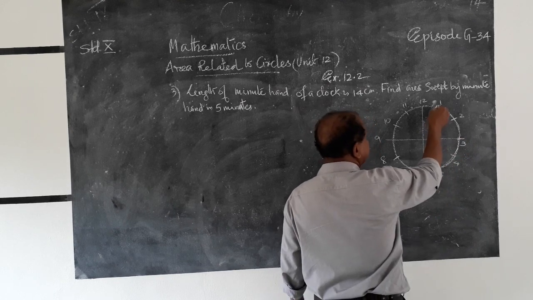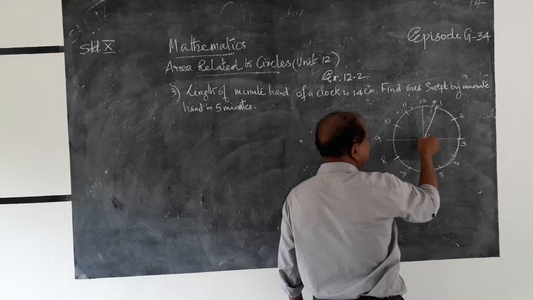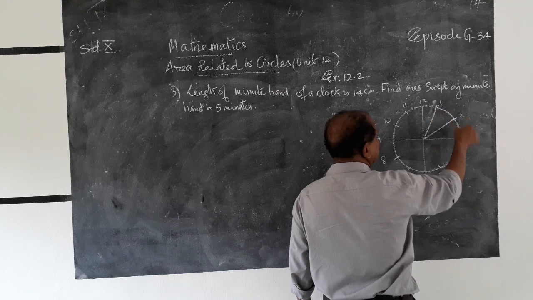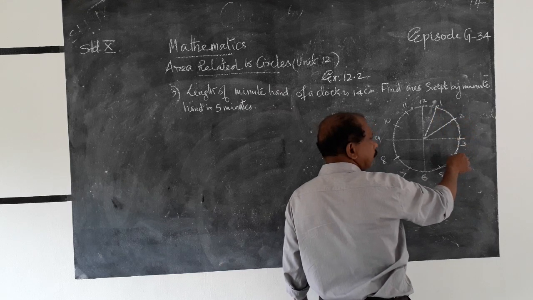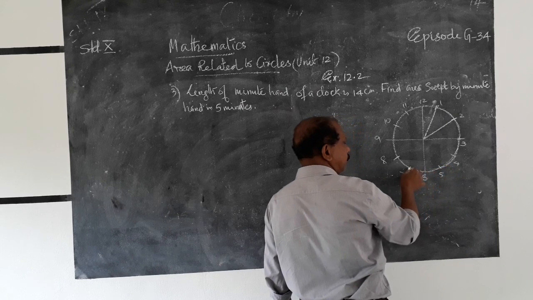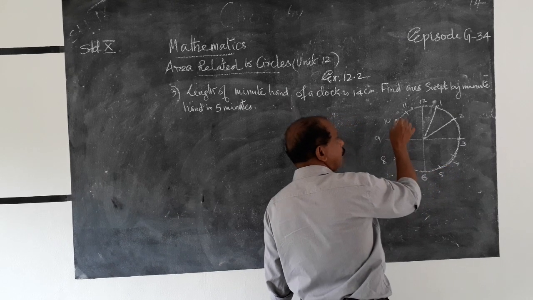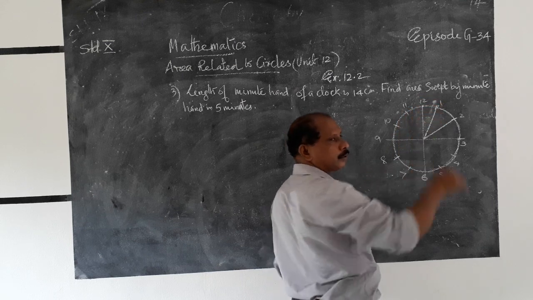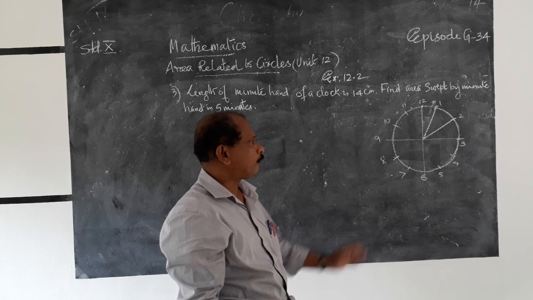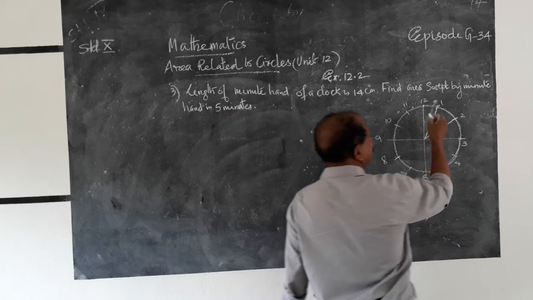Therefore, 5 minutes. Next 5 minutes: 5 minutes, 10 minutes, 15 minutes, 20 minutes, 25 minutes, 30 minutes, 35 minutes, 40 minutes, 45 minutes, 50 minutes, 55 minutes, 60 minutes. That means it is all now.